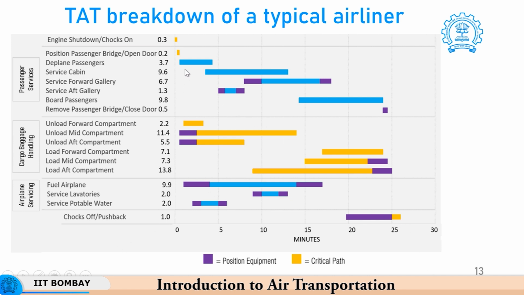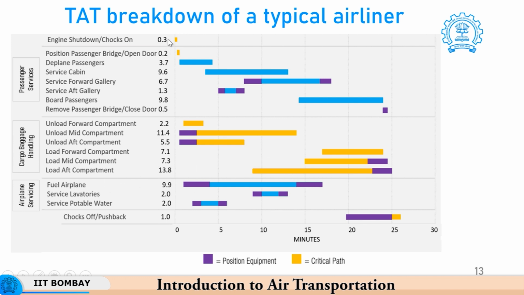You notice that many things are happening in parallel, and also that some of the things have a requirement for position and equipment and then the activity takes place, and there are some activities which require a support equipment to be positioned. You do the activity and then you have to move it away, such as the fueling.